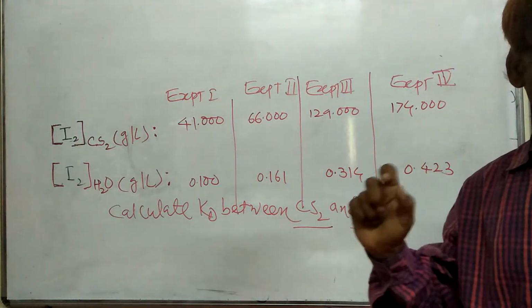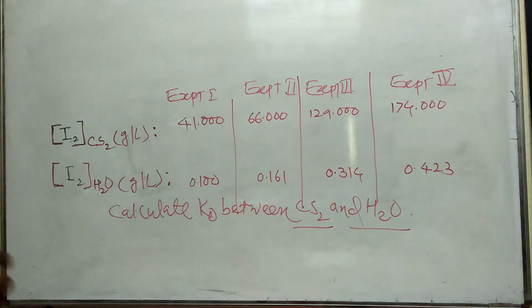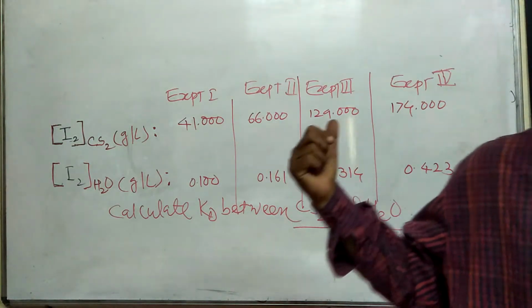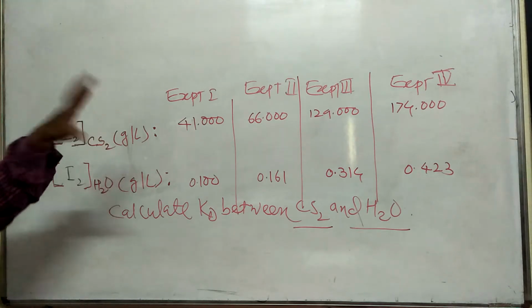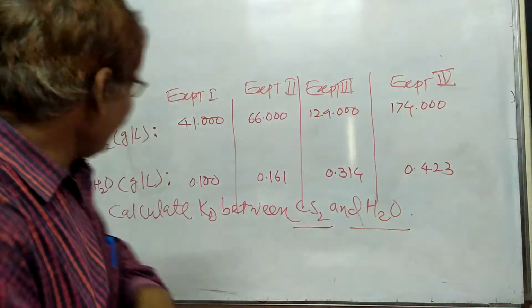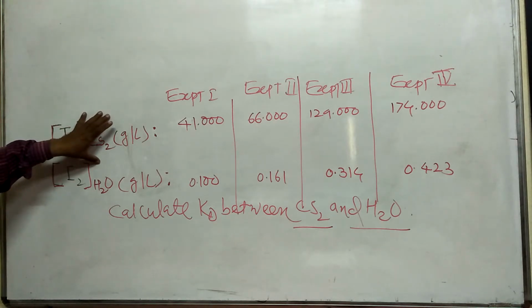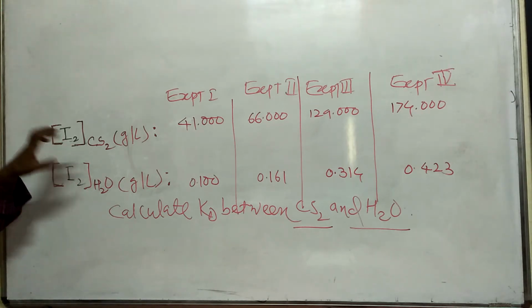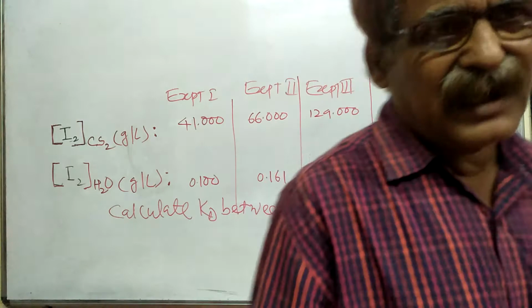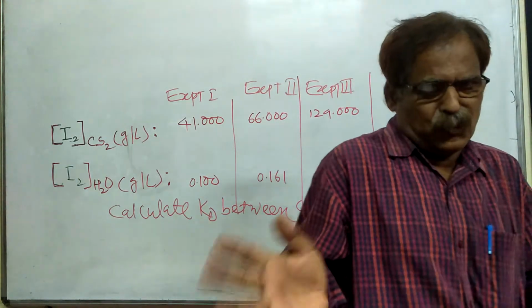The important thing to remember is we have to see at first the concentration of solute under experimentation in both the solvents and the unit of the concentration. Here the concentration of solute iodine in organic layer is expressed in grams per liter. The concentration of solute iodine in aqueous layer is expressed in the same unit, grams per liter. Therefore, there is no question of changing the unit.